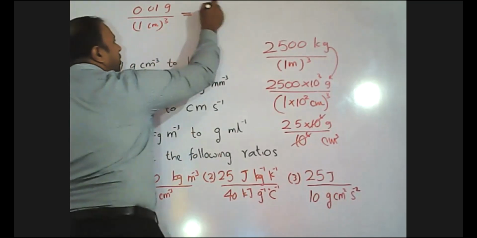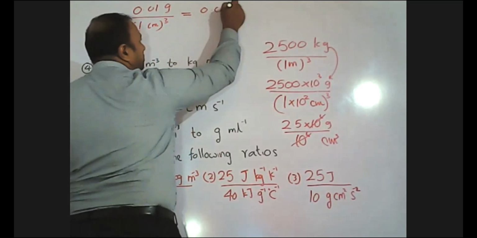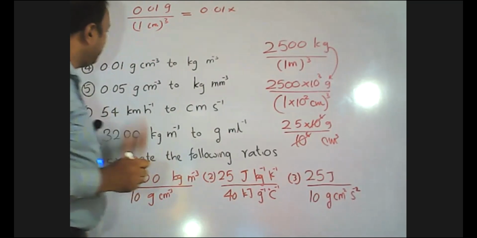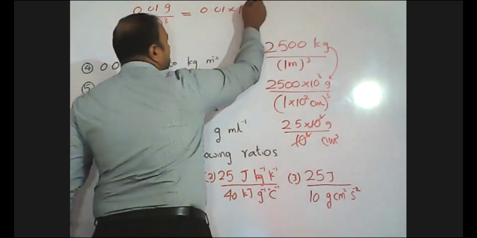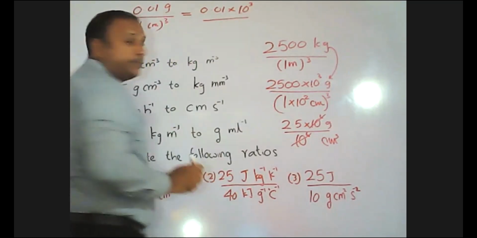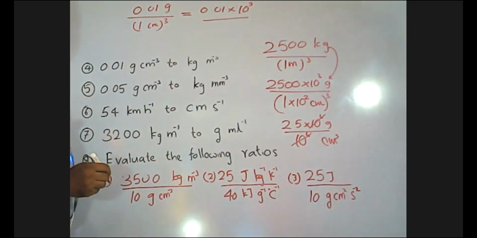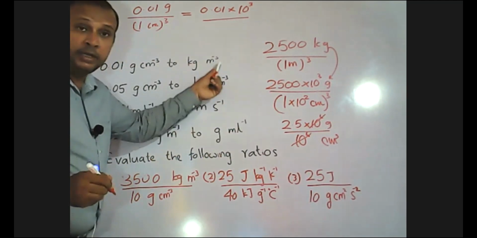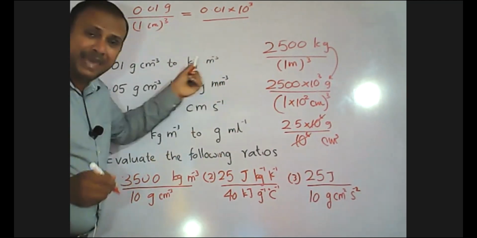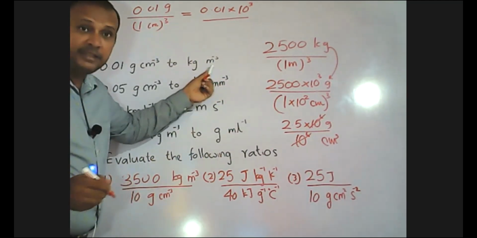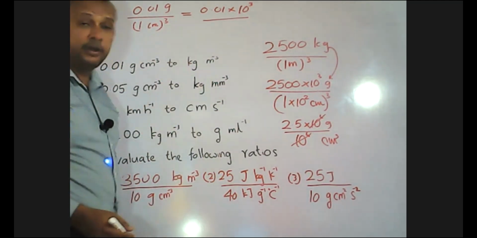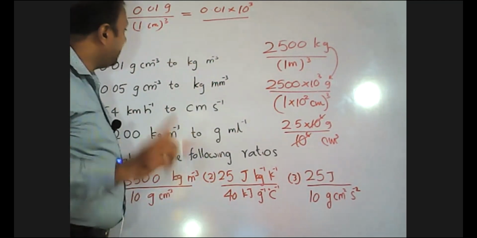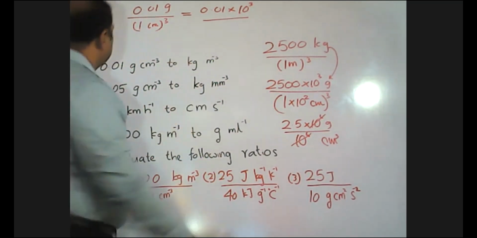So 0.01 gram should be divided by the ratio between gram and kilogram. That means 10 to the power 3, over centimeter. You have to convert centimeter into meter again. A small scale into a large scale means again you have to divide it by the ratio between two scales.